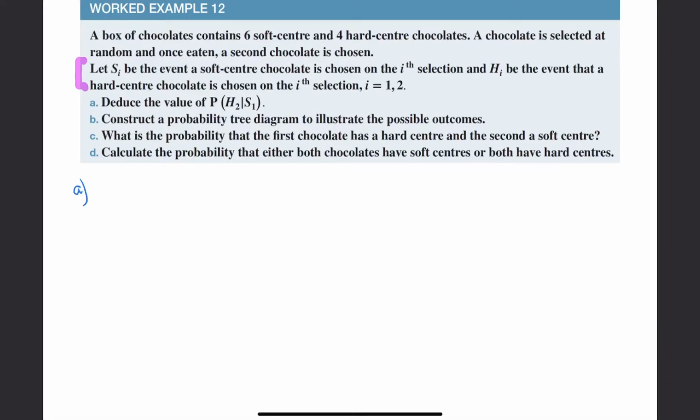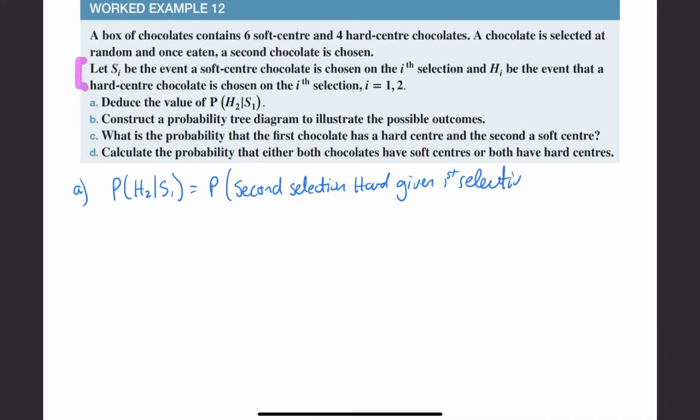It says deduce the value of P(H2 given S1). If I have to say that in words, which you don't have to, I'm just going to write it down: what's the probability of finding on the second draw, or the second selection, a hard center, given that on the first selection it was soft?